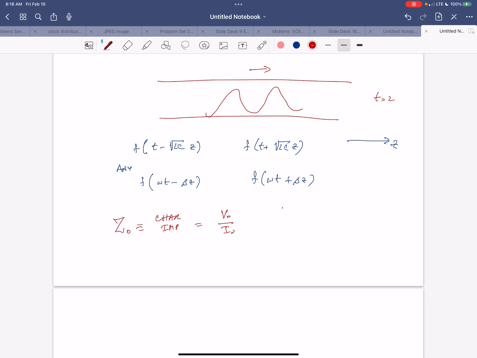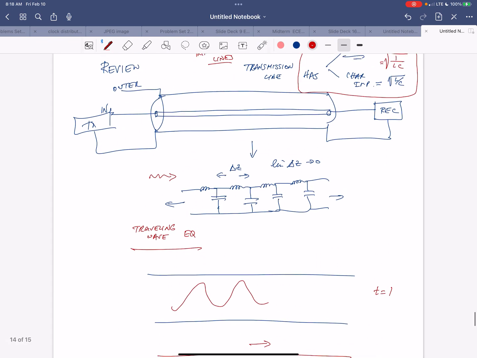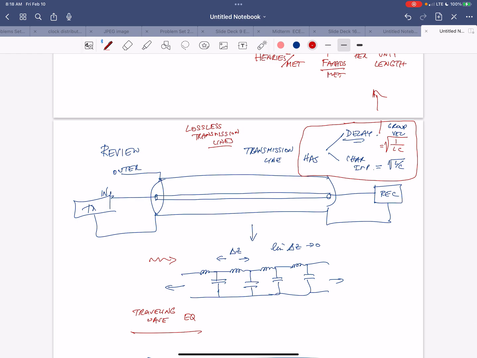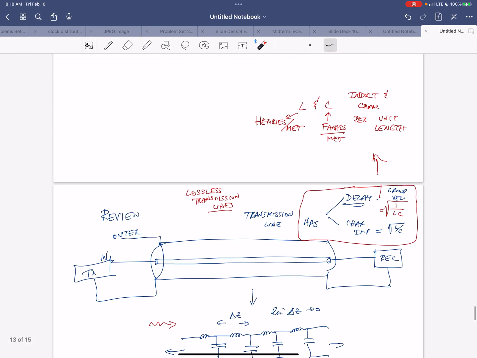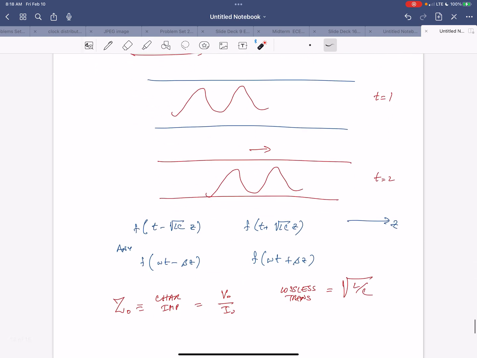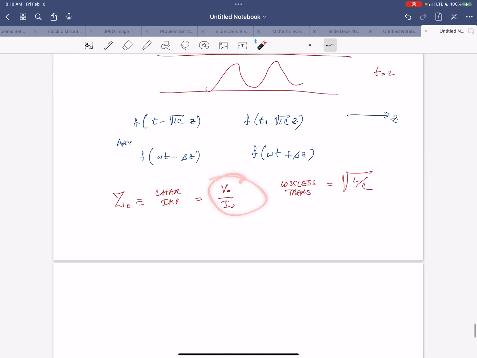And for our lossless transmission line, it's equal to the square root of L over C. It's the same guy here. But the full definition of characteristic impedance for a general transmission line is the ratio between the voltage wave and the current wave going in a particular direction.